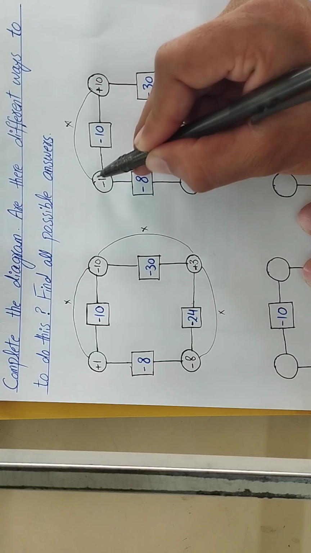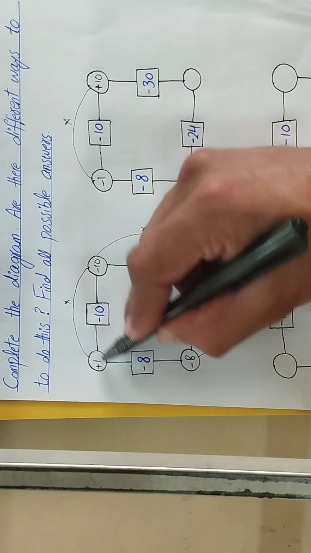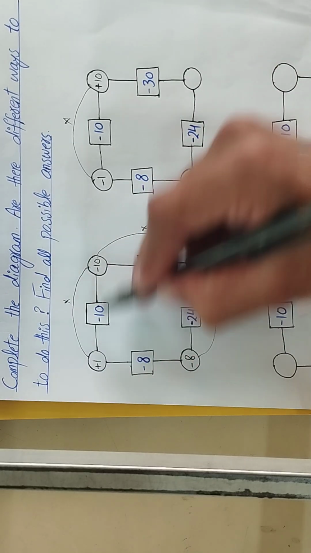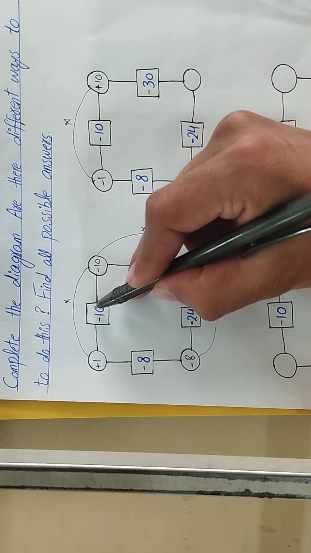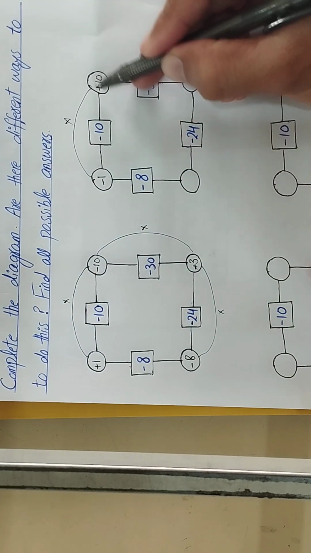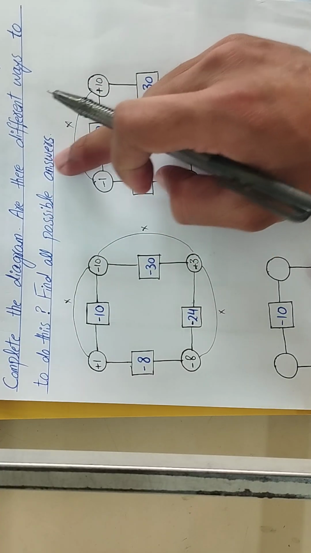So we can write minus 1 and plus 10 by flipping the sign of these two. Plus 1 and minus 10 multiplied give minus 10. If we change their signs, minus 1 and plus 10, we still get minus 10. So this is another possible answer.